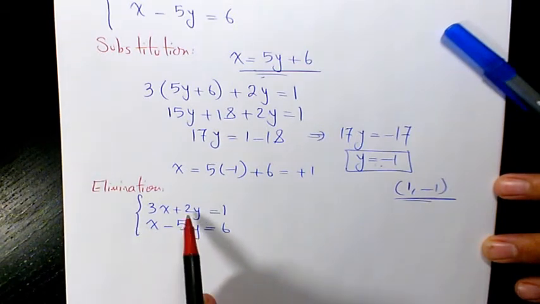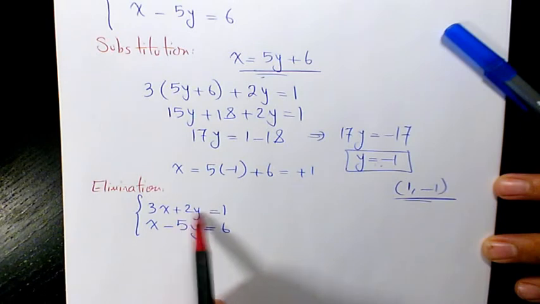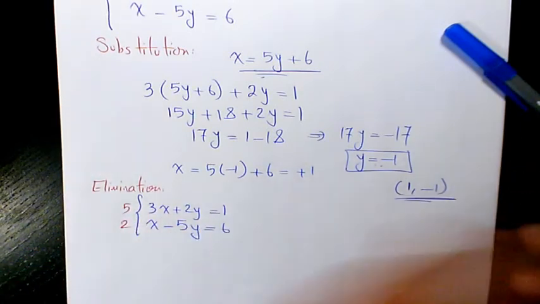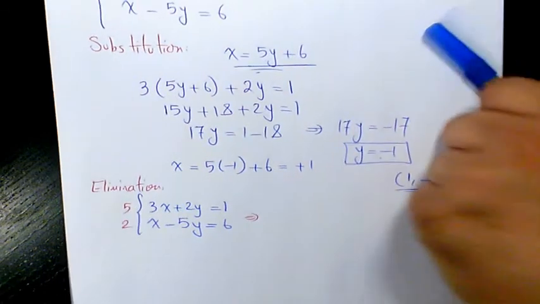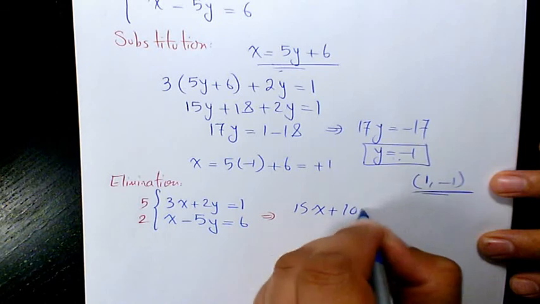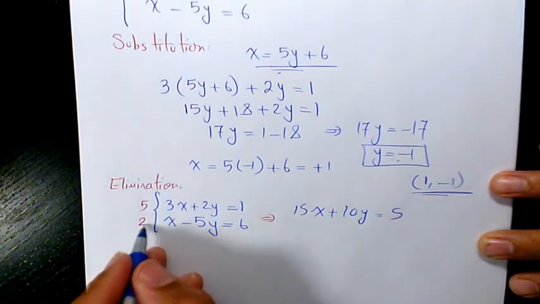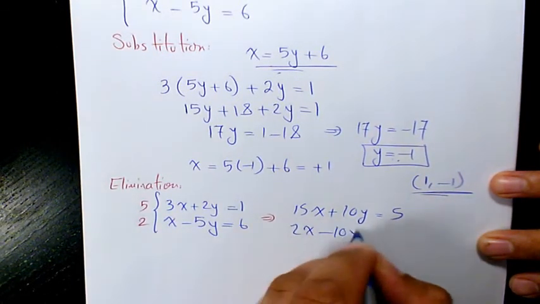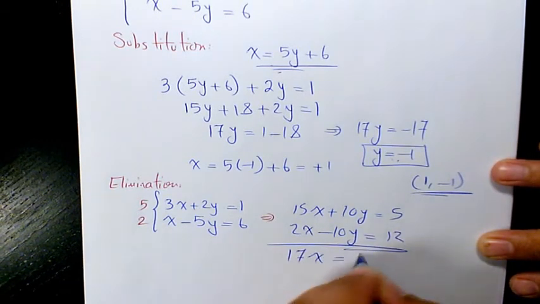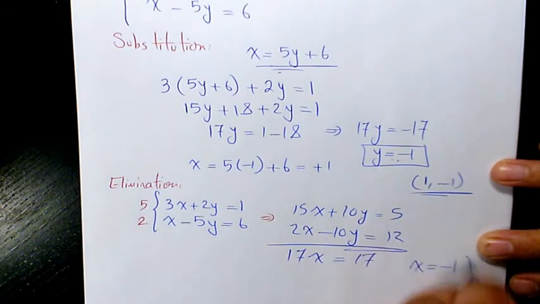If we want to eliminate y, I need to multiply the first equation by 5 and the second equation by 2. Let's do this one. It's a little bit harder, but let's do it. 5 times 3x is going to be 15x. 5 times 2y is going to be 10y. 5 times 1 is going to be 5. Then 2x minus 10y equals 12. When you add them, 17y. Here we have 17x equals negative 1.